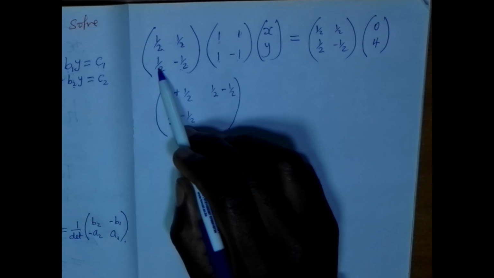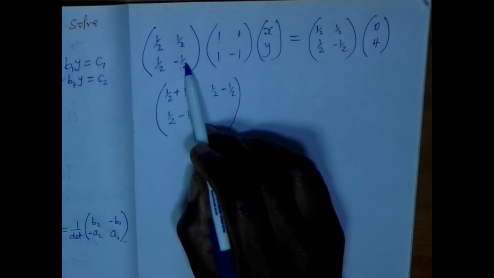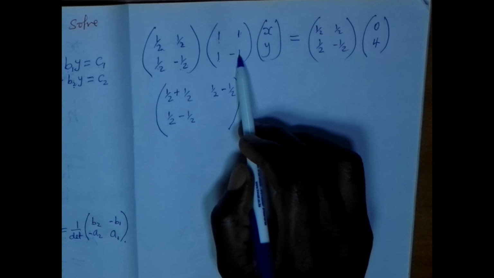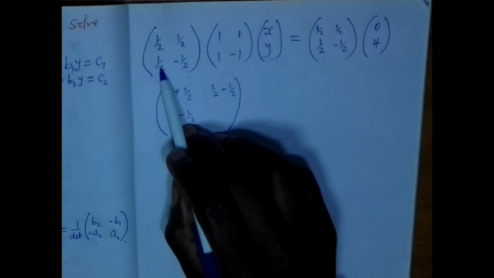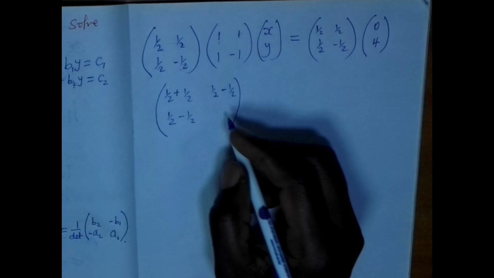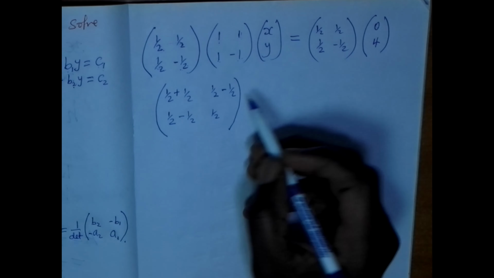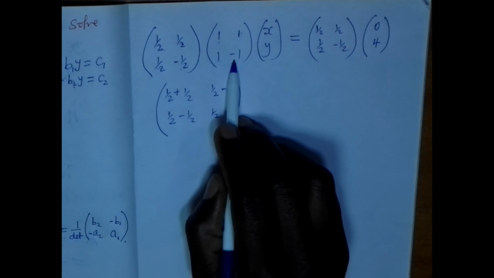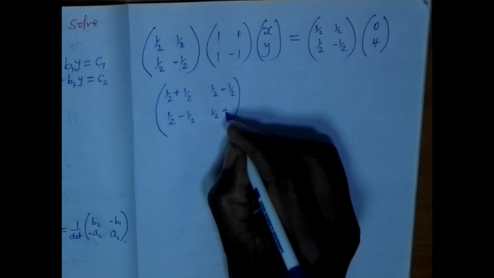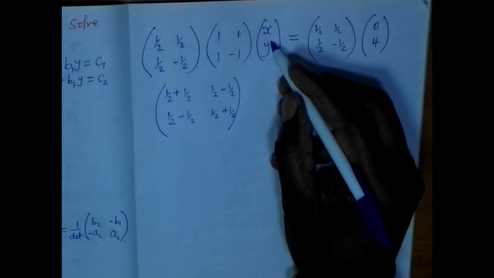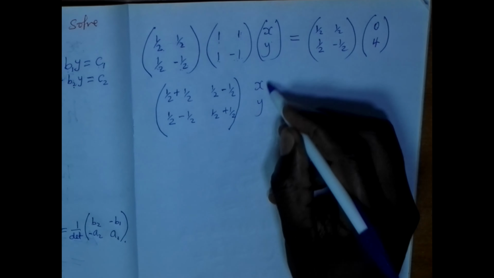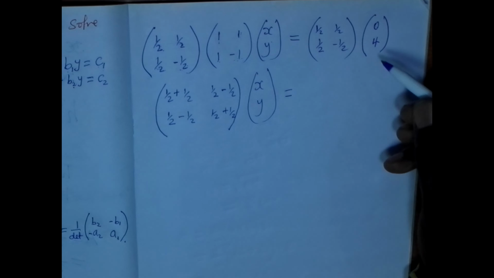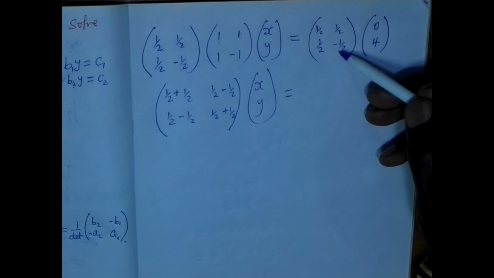And lastly, second row, second column: a half times 1 is a half, plus negative a half times negative 1, which is plus a half.